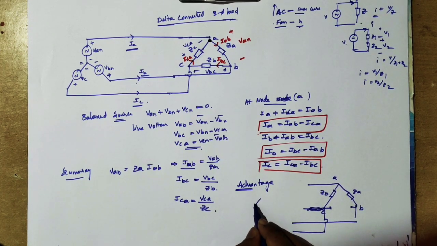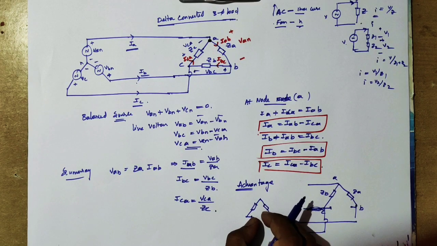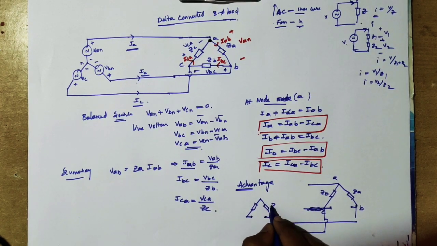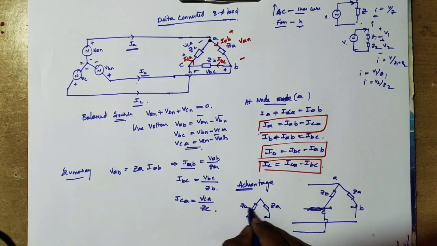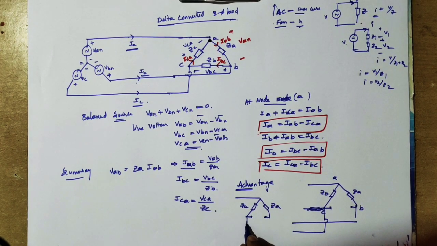I'm drawing it again here. The phase ZB is removed. So with ZA and ZC remaining, what are the values entering? These are the things you know. So CB.